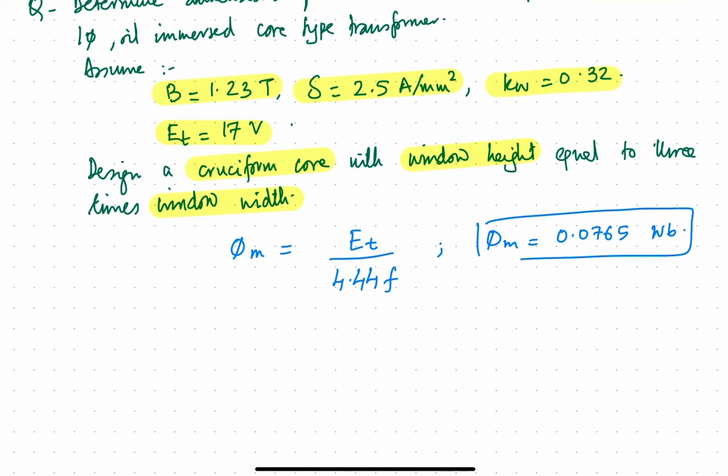and since you know Bm, from Bm and phi m you can calculate the net iron area. AI is phi m by Bm, and if you substitute the values, it comes out to be 0.062 meters square.